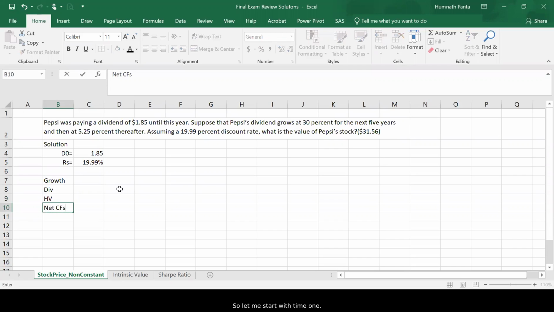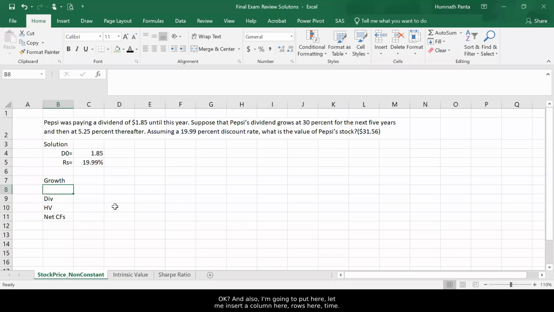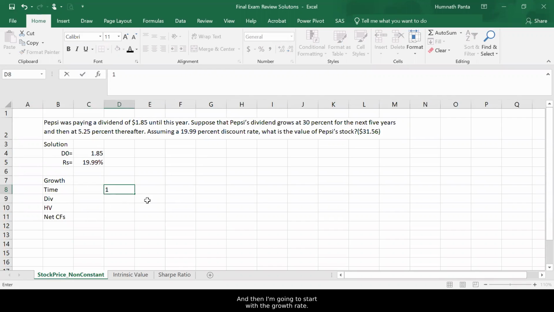All right, so let me start with time one. This is time one. Also I'm gonna insert a row here, time. Okay, so I'm going to start with time one, and then I'm going to start with the growth rate.